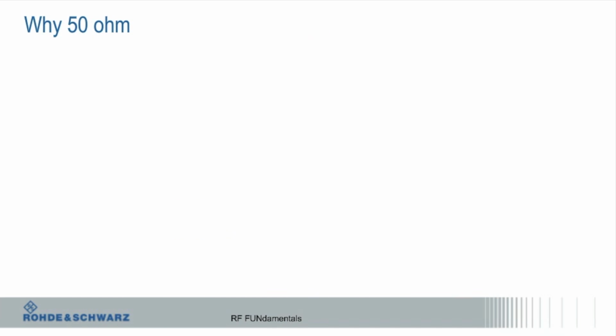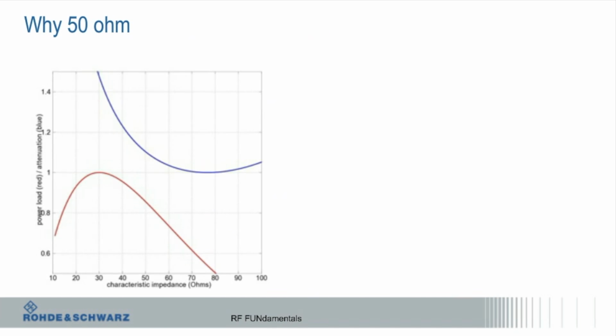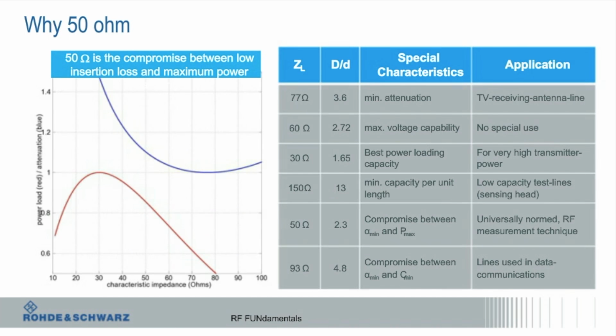Okay, why do we use 50 ohms? Depending on who you're talking to and what they're doing, different groups have had different interests and different impedances. Over the years, if you look at load impedances, 77 ohms gives you minimum attenuation.